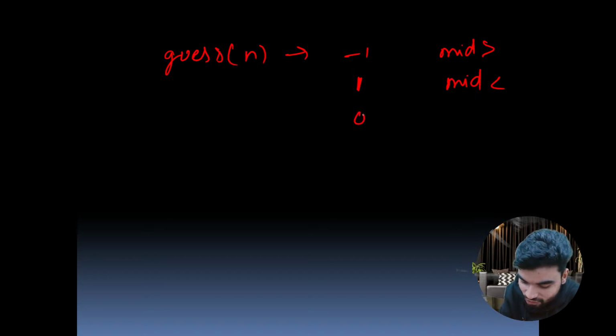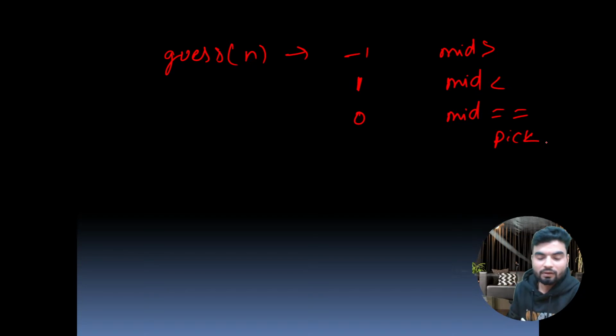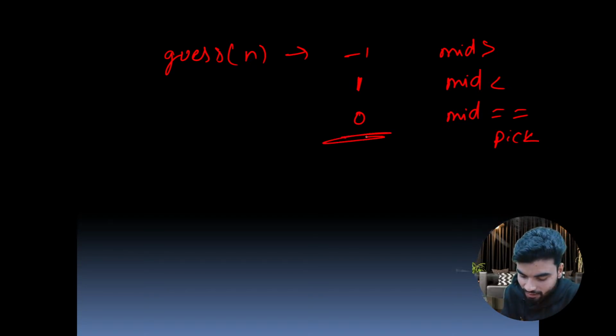And 0 when the guess number, whatever you have guessed, is equal to the pick, which means the one chosen by the computer. In that scenario, we will return the mid value.